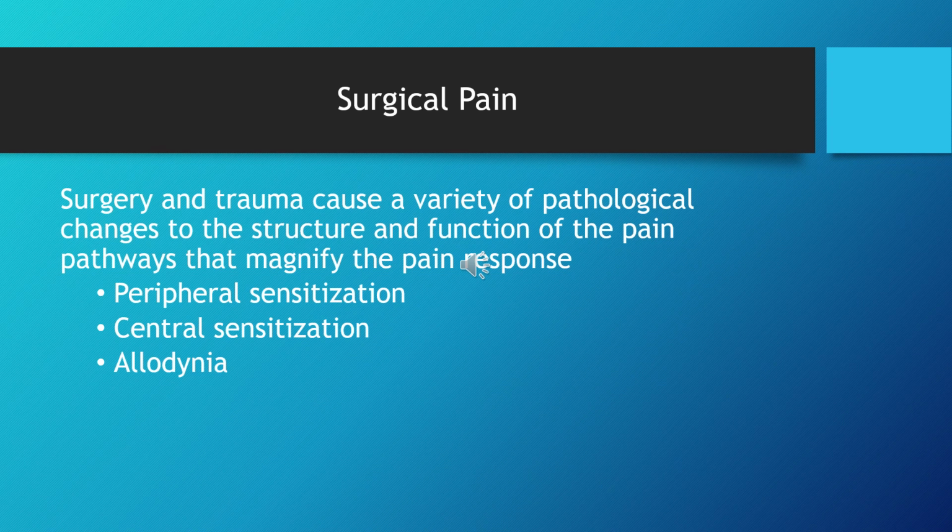Central sensitization occurs when peripherally sensitized C nerve fibers transmit excess glutamate into the synaptic cleft with the spinal nerve fibers. The body builds excess AMPA receptors for the glutamate to bind to, and the magnesium plug blocking the calcium channel is lost.